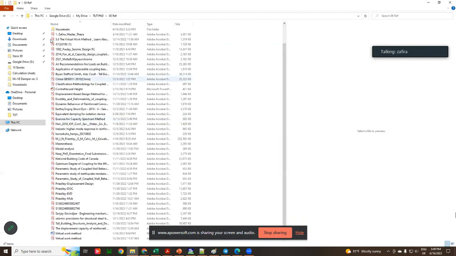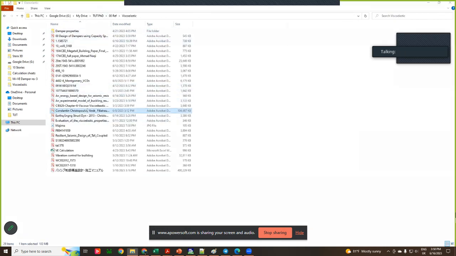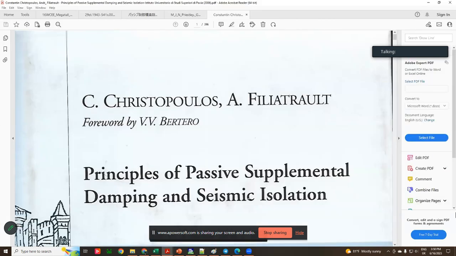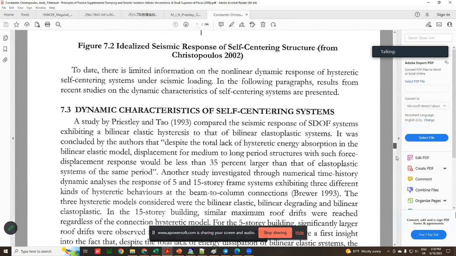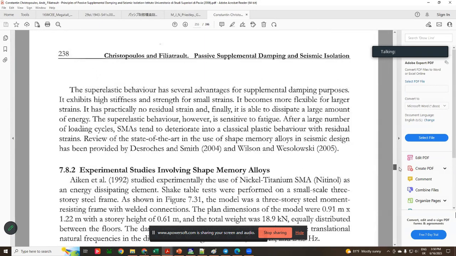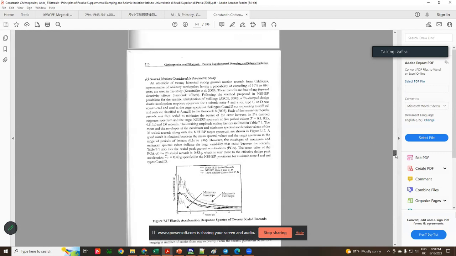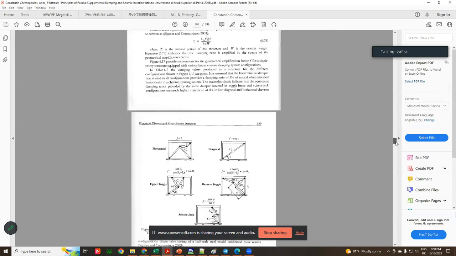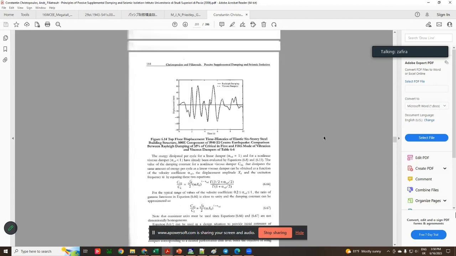I have to reopen it. I believe the big one is actually found in a paper, but they just use the properties from Christopolis.